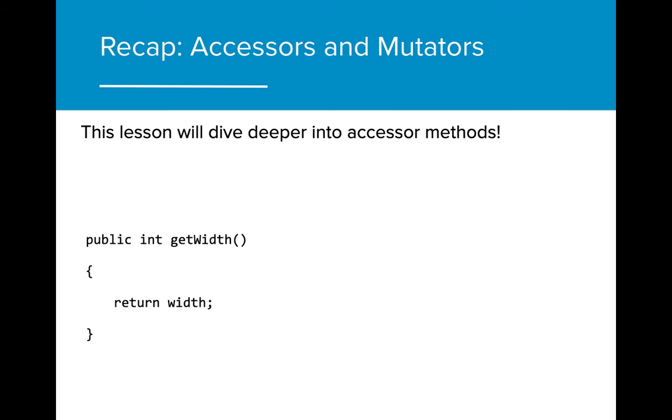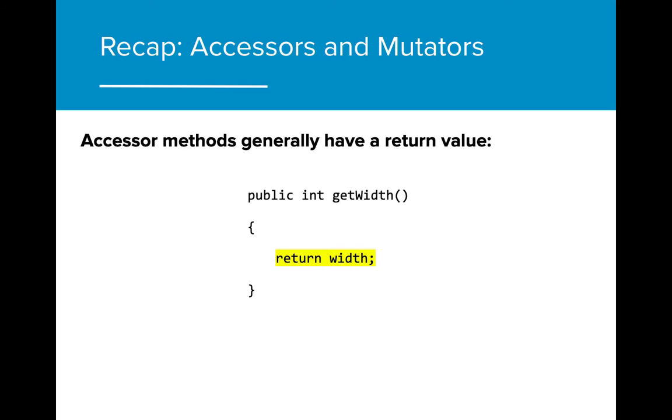In this lesson, we will dive deeper into accessor methods to learn more about how they can be used in our programs. Since accessor methods are often providing information about an object's instance variables, they generally have a return value to return the object state to the user. As we learned previously, the return keyword returns a single value back to the program that it was called from.